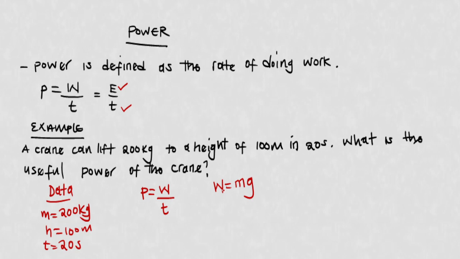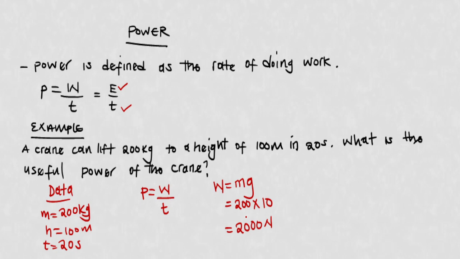Here we have that the mass is 200, then the gravity is acceleration due to gravity, it's a constant, so that one is 10. So 200 by 10 becomes 2000 newtons.